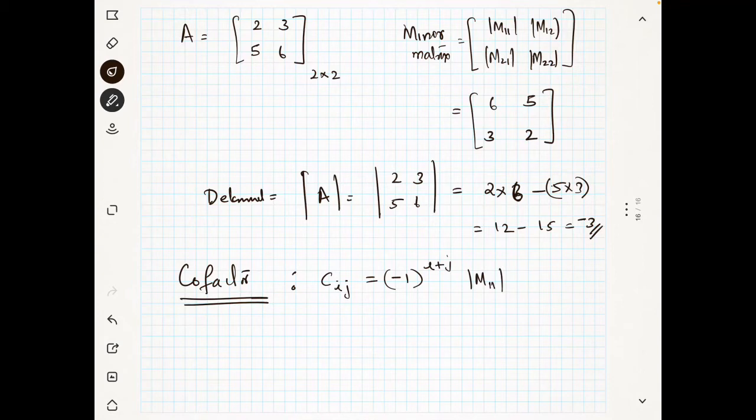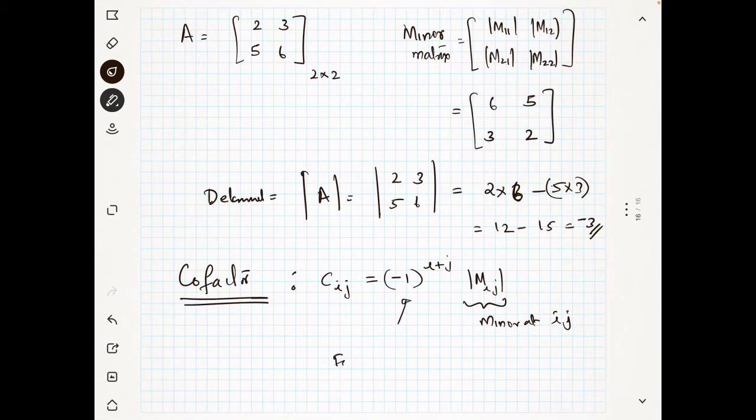This is the minor at the position ij, mij, and this is giving a sign convention.